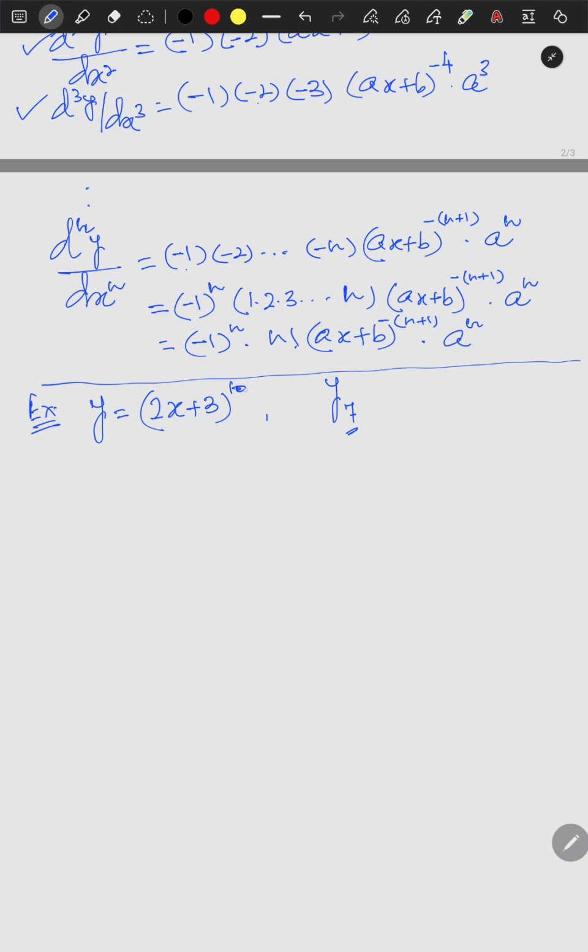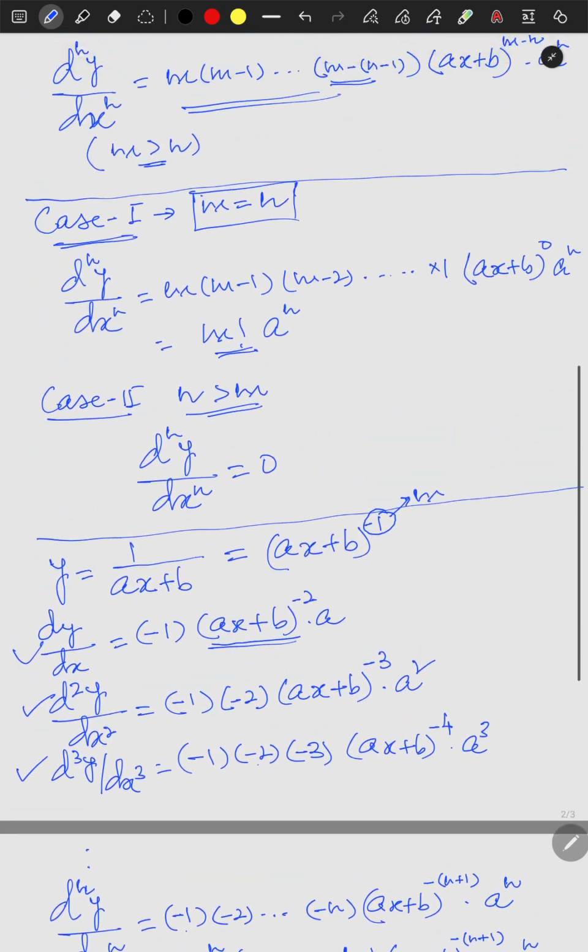You can see that if we write our standard results, we are comparing this given function with ax plus b to the power m. So you can easily conclude that a is equal to 2, b is equal to 3, and the power of this ax plus b is m. In this case it is 10, and we are looking for the 7th order derivative. So n is equal to 7.